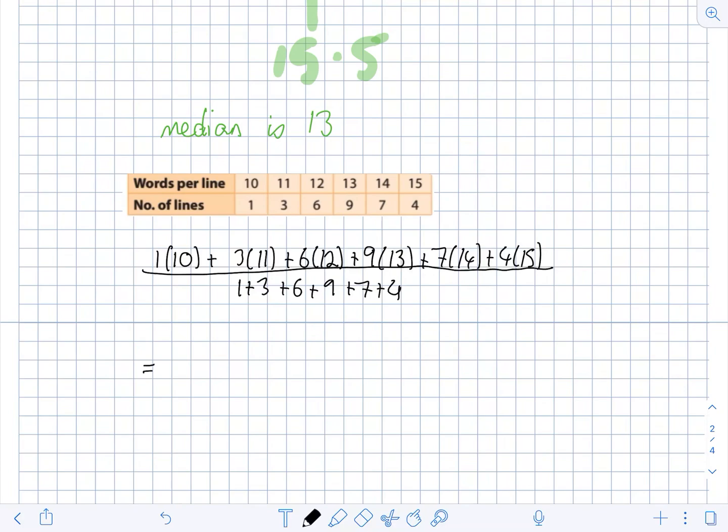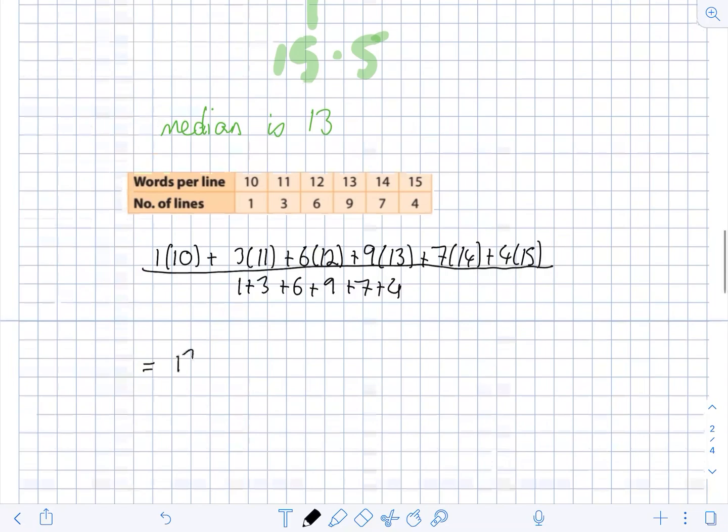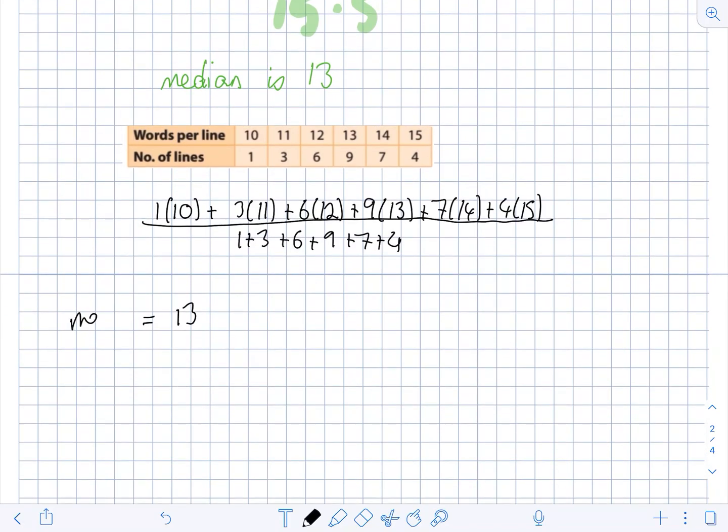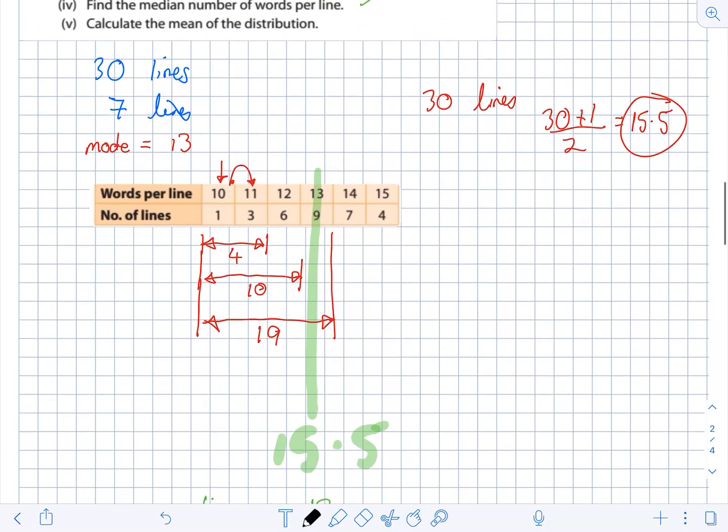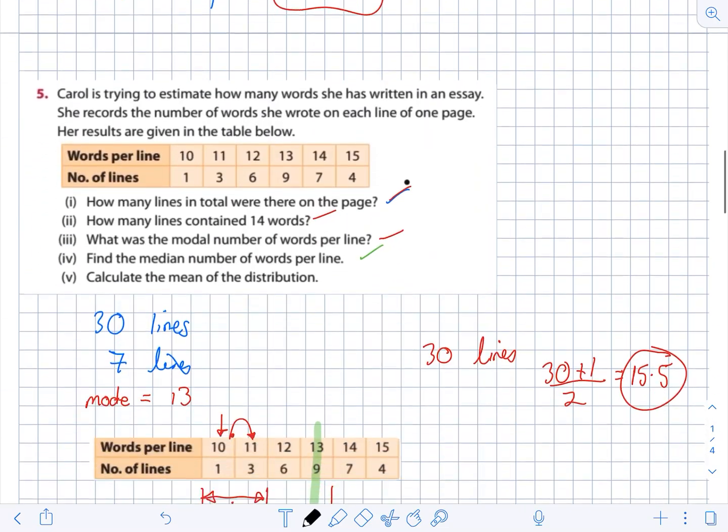And I bash that into my calculator, which is equal to 13. So the mean is 13.